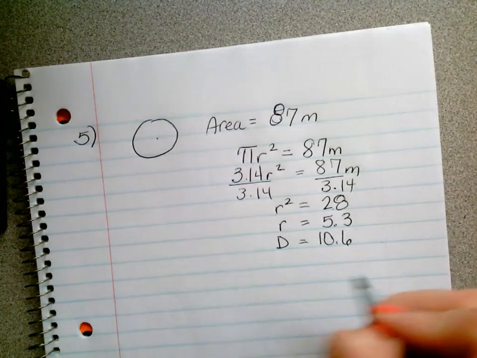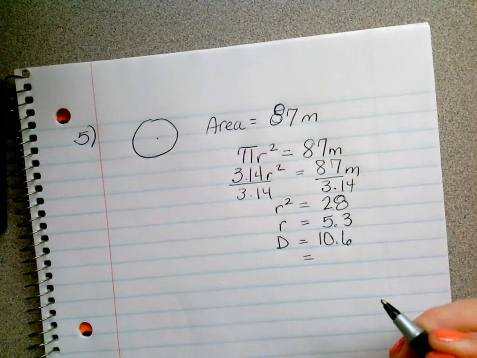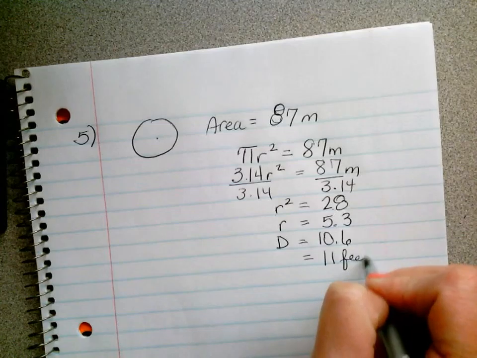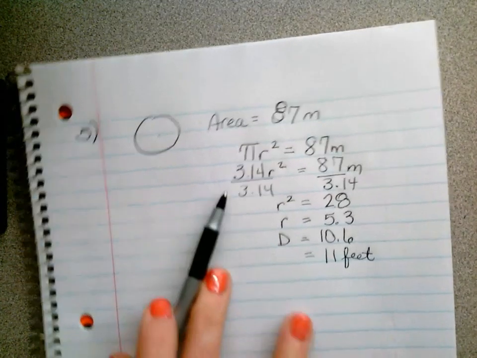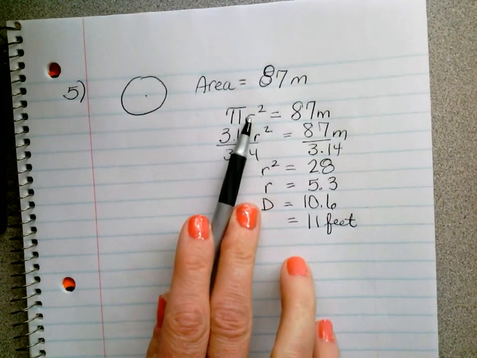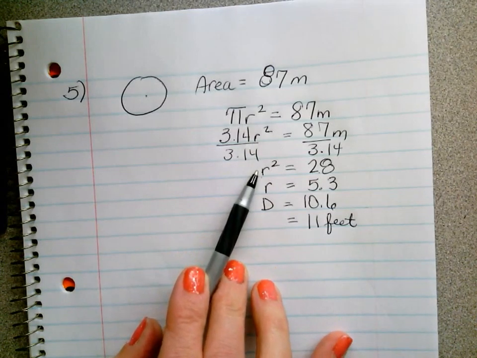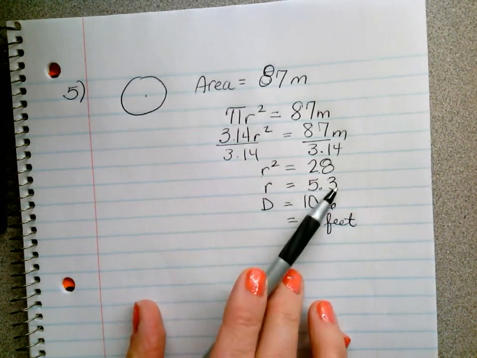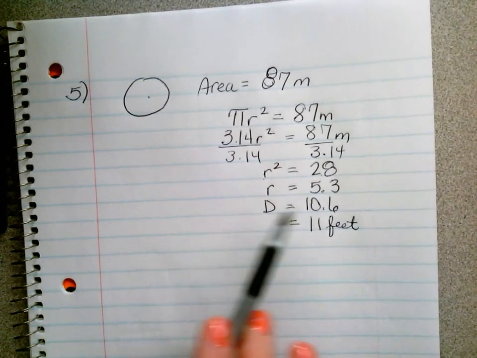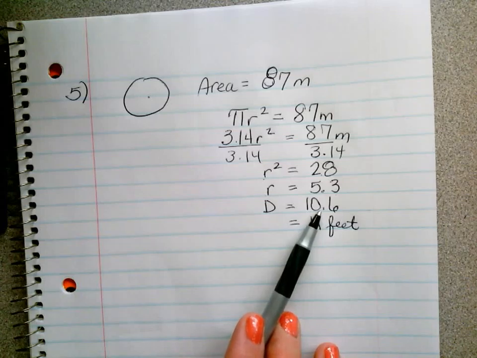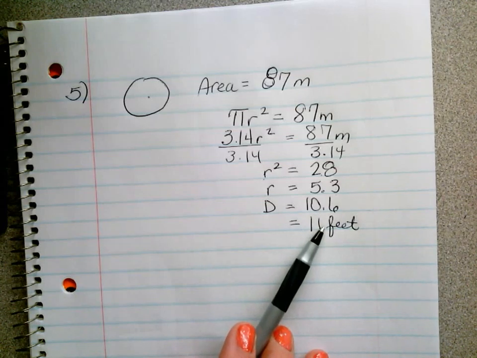And they want to know it to the nearest foot. 11 feet. Okay, so you first solve for the piece that you're missing, which is the radius. Find the square root, and that gives you the radius. We don't need radius, we need diameter, double the radius. And they wanted the diameter to the nearest foot, so we rounded.